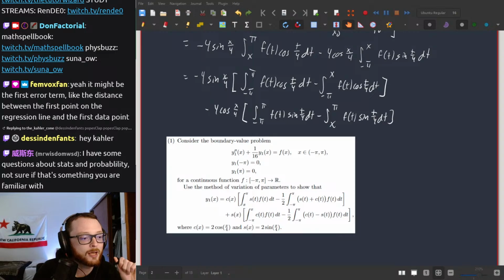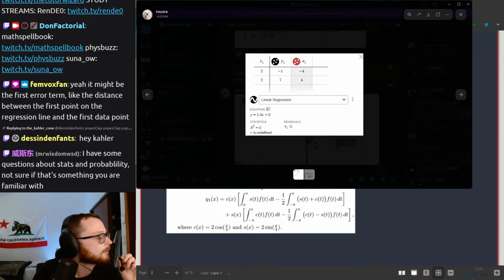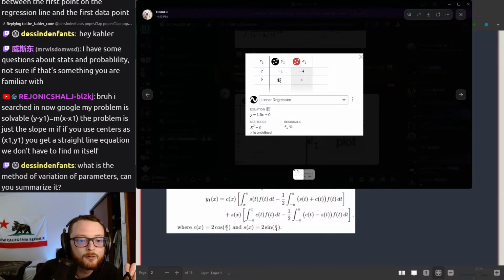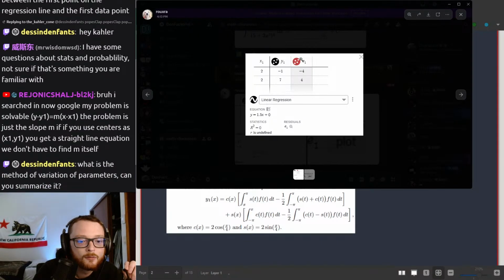Statistics and probability? It depends how advanced it is, but I know some. Might be the first error term, like the distance between the first point and the regression line. Ooh, maybe. Okay, works are posted. Context. Residuals.